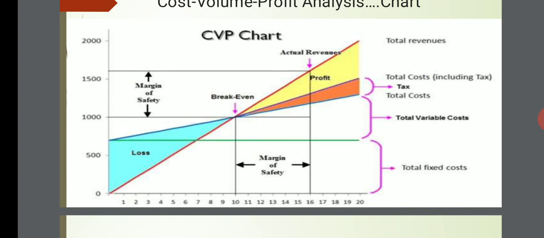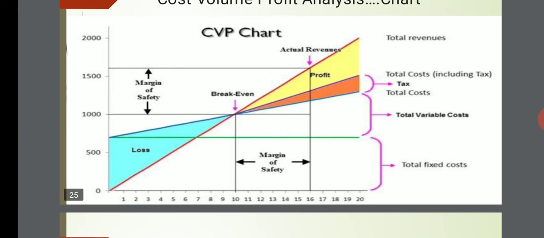Now if you look at this, where the total revenue line and the total cost line intersect each other, this point is known as break even.